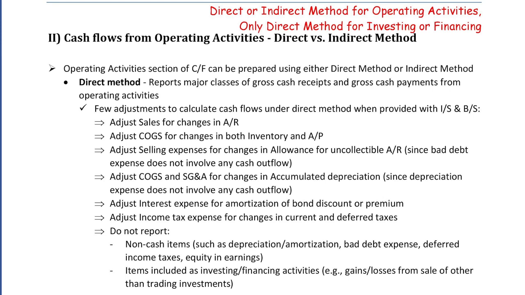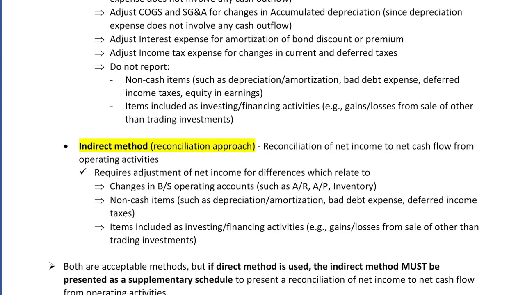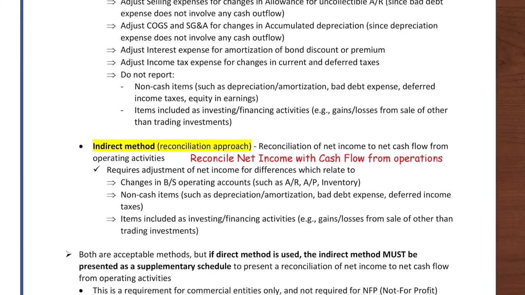For the investing activities or financing activities section, it's only direct method. Highlight direct method. Here you list down all the sources and uses of cash. The next one, highlight indirect method, which is a reconciliation approach. This is allowed only for the operating activities section, where you reconcile net income with cash flow from operations.